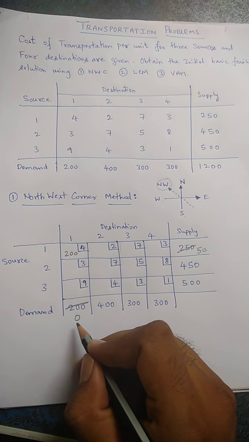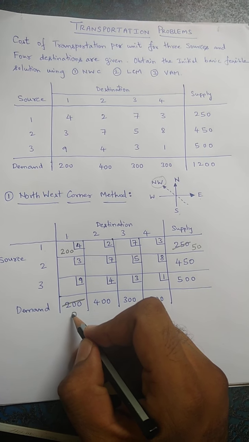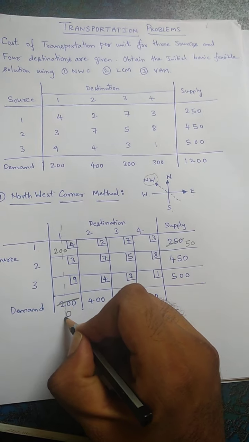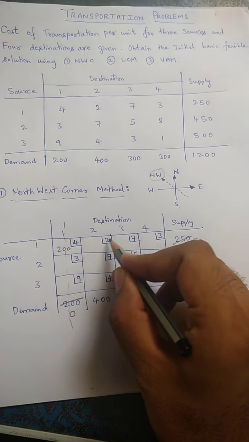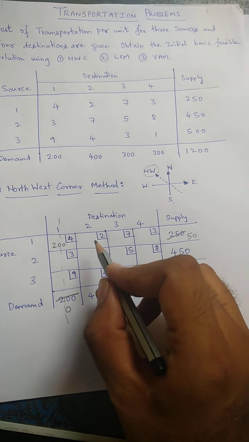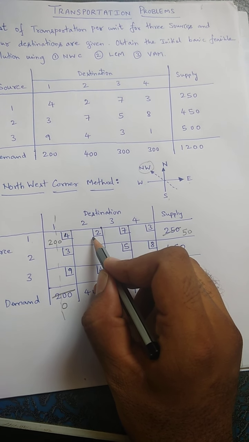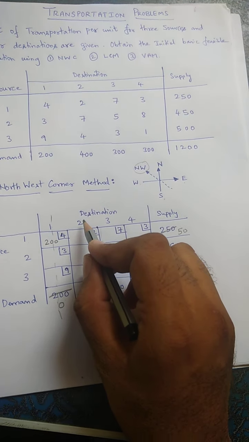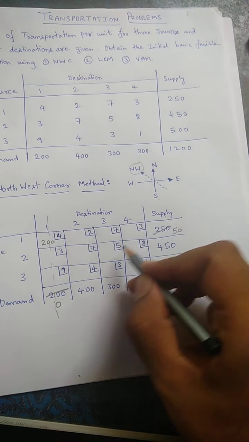Since this is 0, there is no more demand for destination 1 because it is completely catered, so this column is eliminated. The remaining cells would only be these 9 cells. Among these 9 cells, again the northwest corner cell is this part, the cell which has 2 as the cost to ship one product from source 1 to destination 2. Now again we check the supply and demand for the cell.